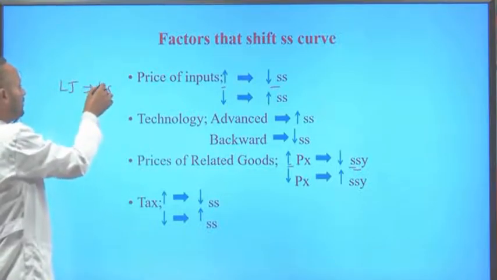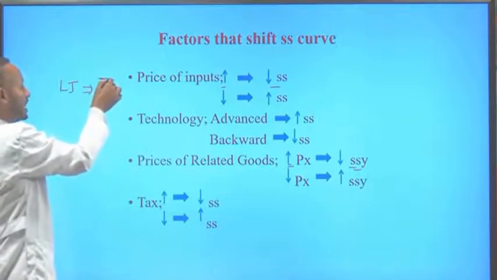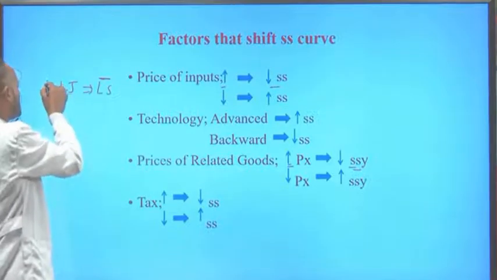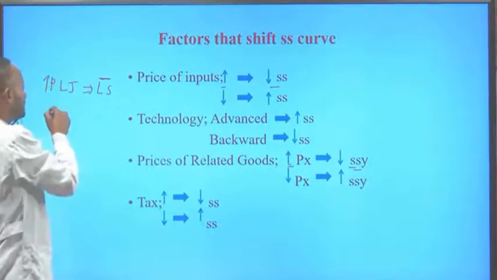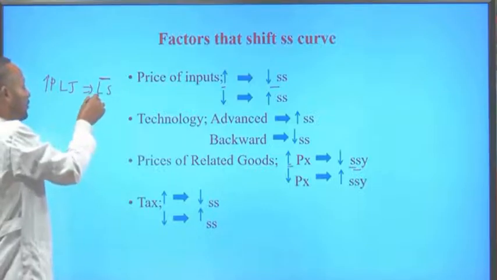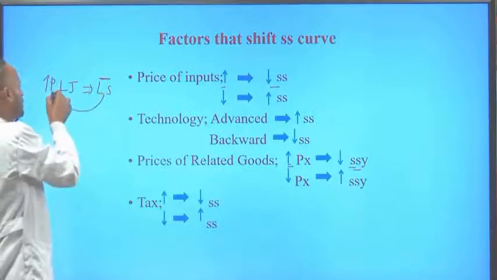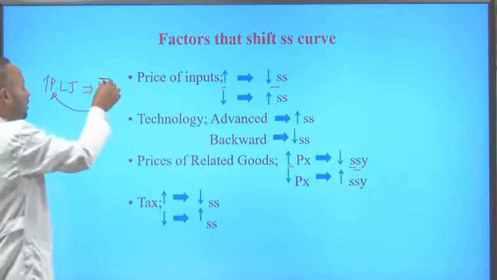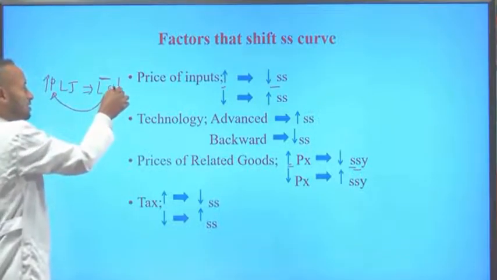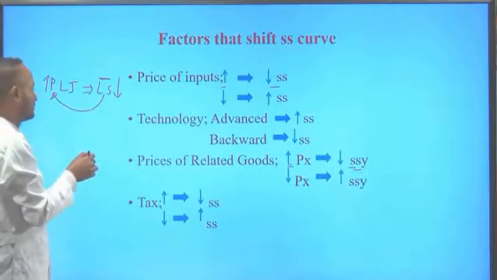Now, if the price of leather shoes remains unchanged, and if there is a rise in the price of leather jackets, then Elico will use the materials which were used for the production of leather shoes for the production of leather jackets. Then what would happen to the supply of leather shoes? The supply of leather shoes will decline.